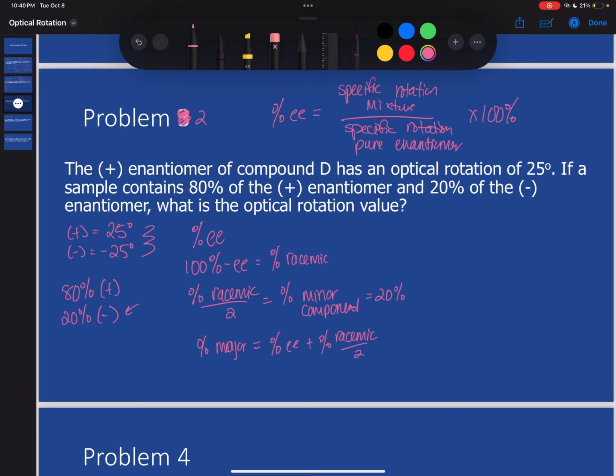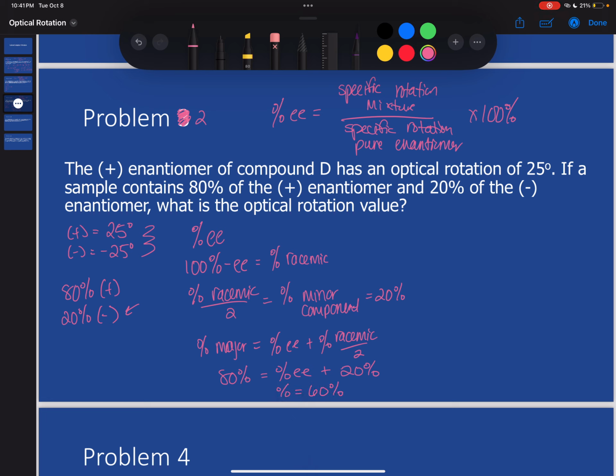All right, I know that the percent of my major is 80% because that's what I was told. I need to figure out what percent EE is going to be. And I did that by subtracting the 20% here. So therefore, it must be that my percent EE was originally 60%.